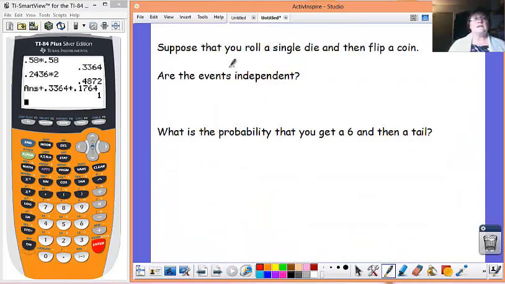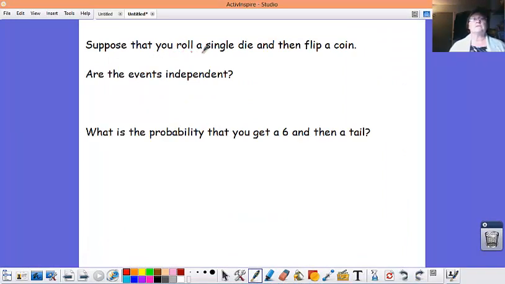All right, we've got a couple of little practice questions that we want you to do here, and I don't think it'll take the calculator. So it says, suppose that we are rolling a single die and then we flip a coin. First off, are the events independent? Does what I flip on the coin affect what's going to happen when I shake the dice? And the answer is yes, they're independent. The outcome on one doesn't affect the outcome on the other.